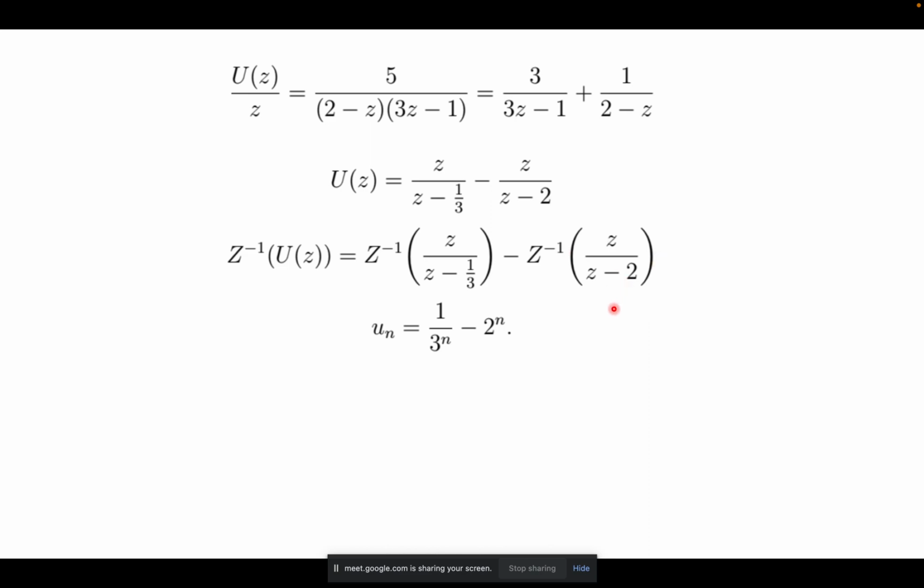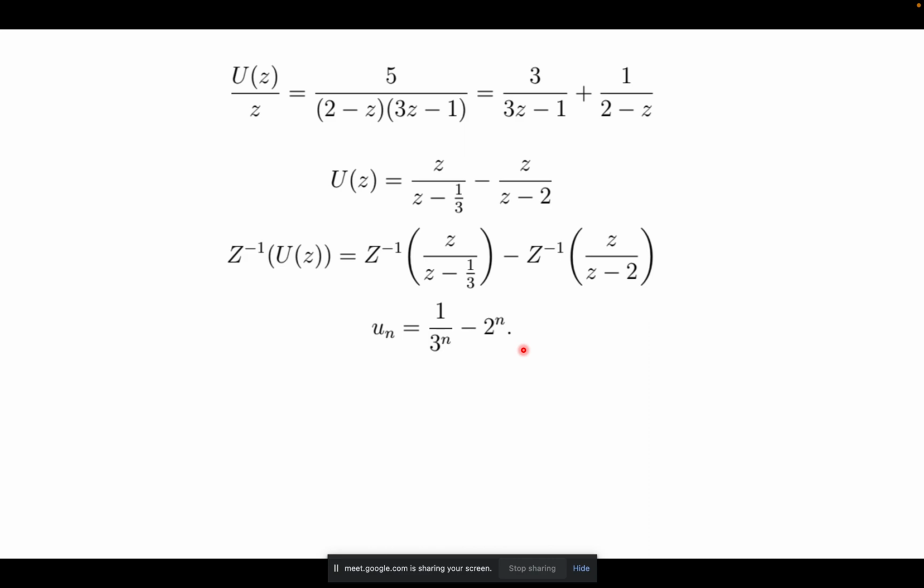And by inspection only you can see that if you take the z transform of 1 by 3 to the power n, you will get this z transform, and similarly if you do the z transform of 2 power n, you will get this type of function. So basically the u n after taking the inverse z transform of this U of z will be 1 upon 3 power n minus 2 power n. So is this question clear?